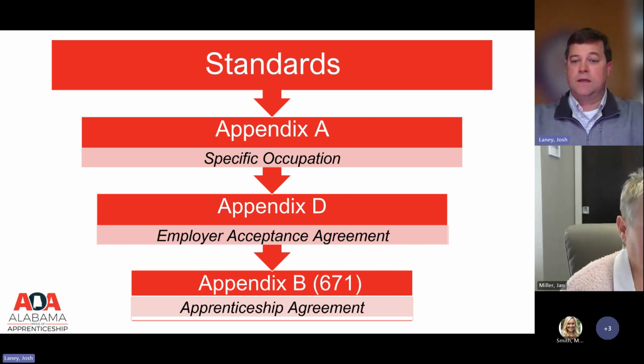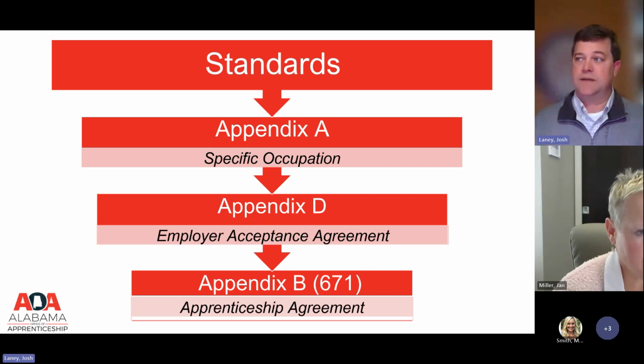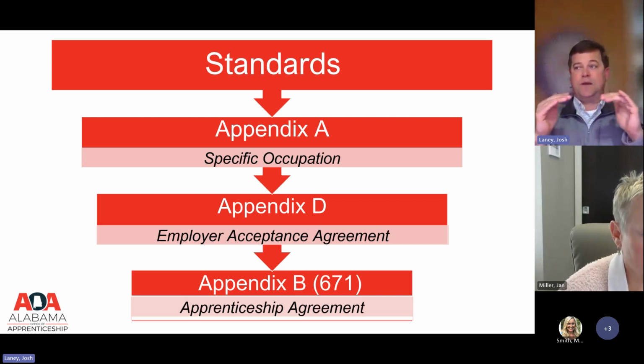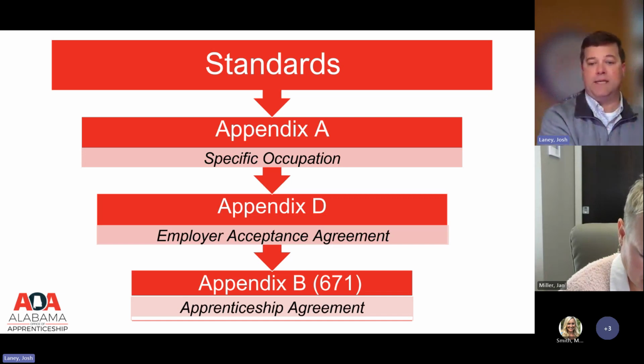So whether it be nursing or teaching or both, or nursing or teaching or machining, they can do as many as they want to do, but the standards commit them to certain activities, and we'll see those activities in a minute. Then under the standards, you have an Appendix A, which is also called a work process, and I'll show you the one for this in a moment. That defines the training outline for a certain occupation.